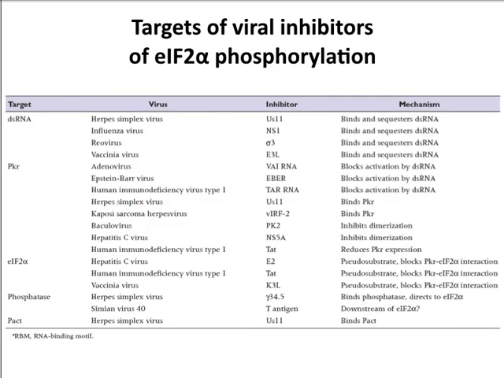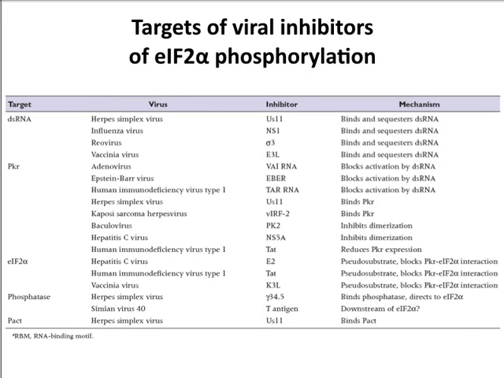So every virus does something to mess with this PKR EIF2 alpha axis, and I want to show you this just to impress upon you the diversity of activities. These are all different targets and different viruses. So we have talked about adenovirus, which makes VA RNA that blocks activation by double-stranded RNA.